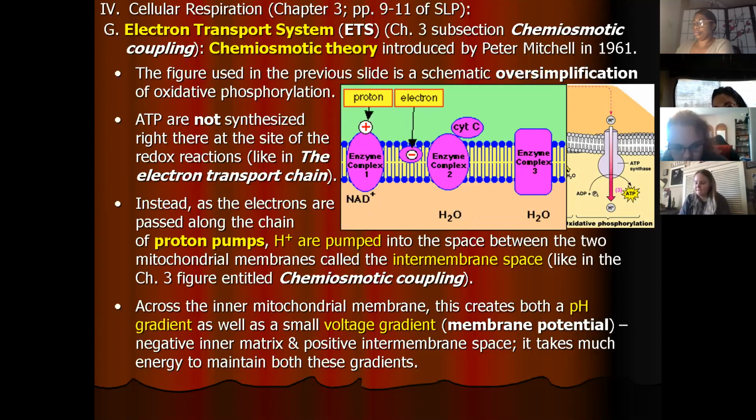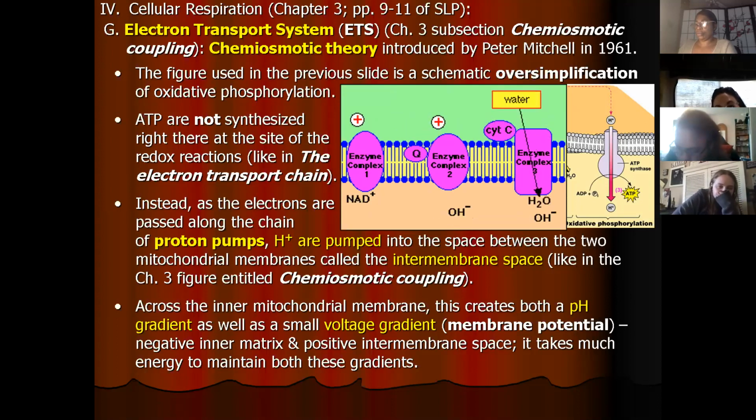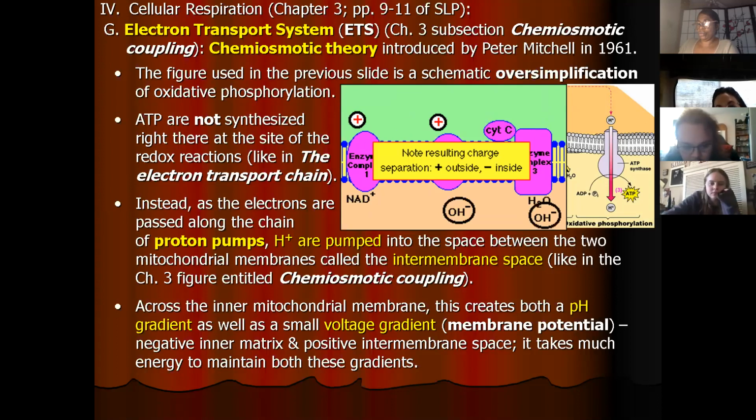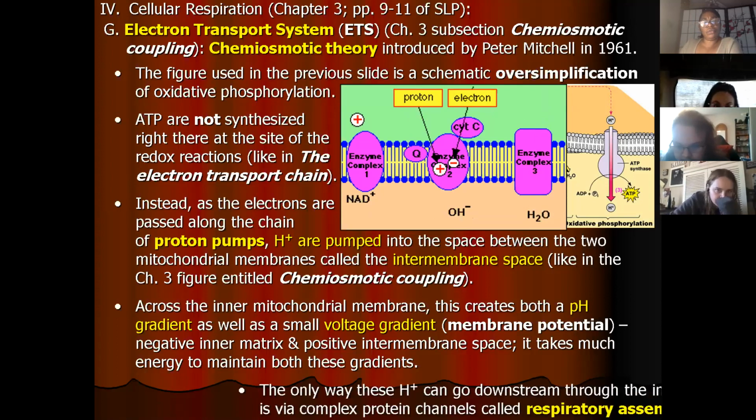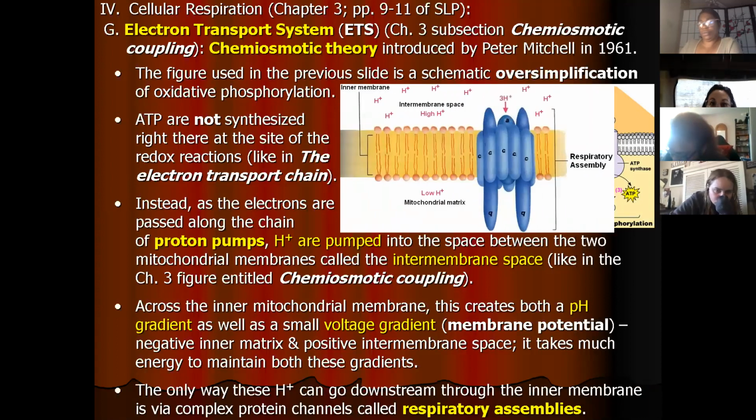And the way the chemiosmotic theory works is all those hydrogen ions can't get back into the matrix except through these things called respiratory assemblies. And that's what I drew here.